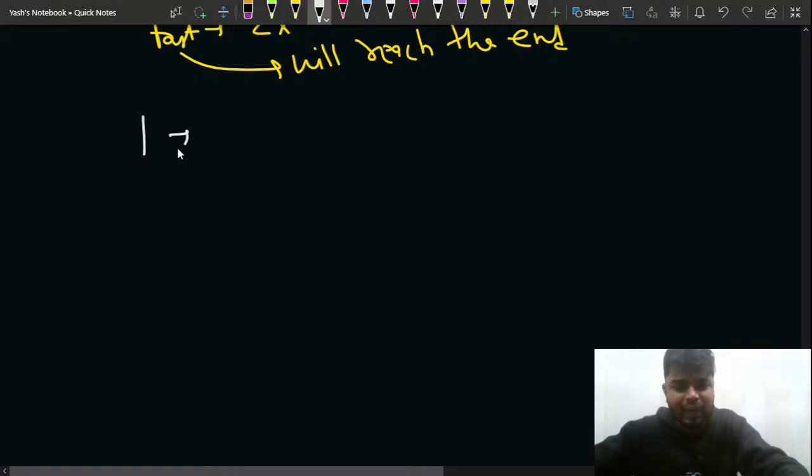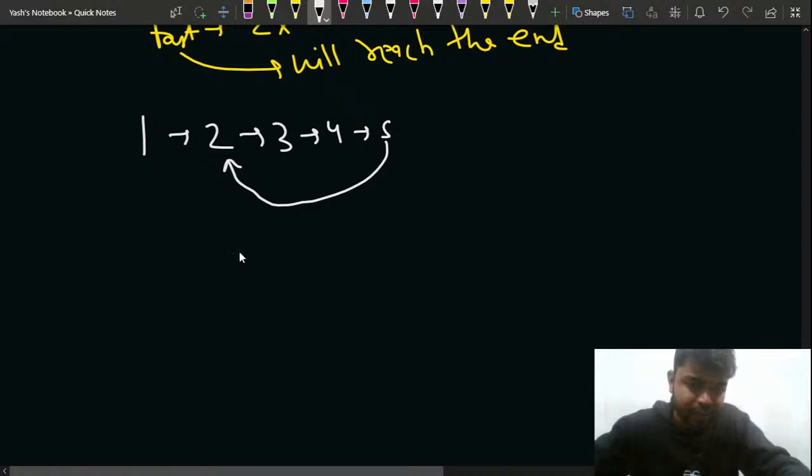So I have, let's say, 1 connected to 2, 2 connected to 3, 3 connected to 4, 4 connected to 5, and then 5 is, let's say, connected to 2, like this. Okay, thanks a lot, Aryan. Okay, so let's say I have a slow pointer and a fast pointer, like this.